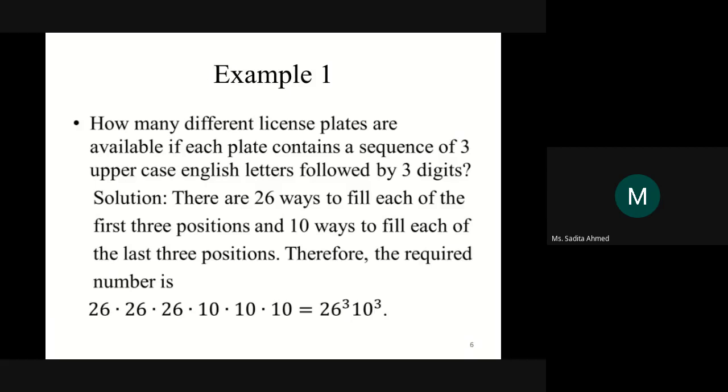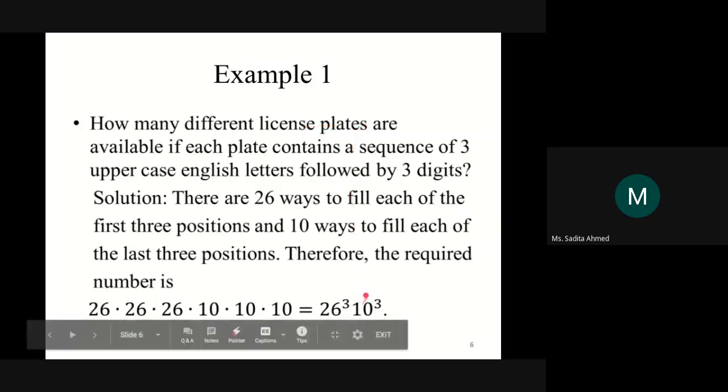The total number of different license plates based on the given rules would be 26 multiplied by 26 multiplied by 26 for the first 3 tasks, and then 10 multiplied by 10 multiplied by 10. So 26 to the power of 3 multiplied by 10 to the power of 3.